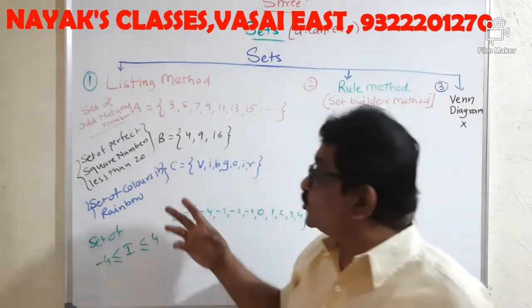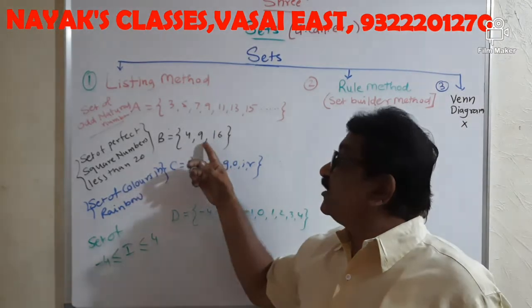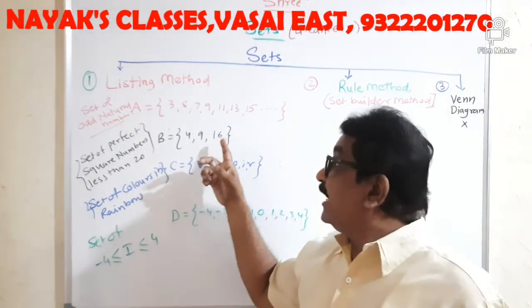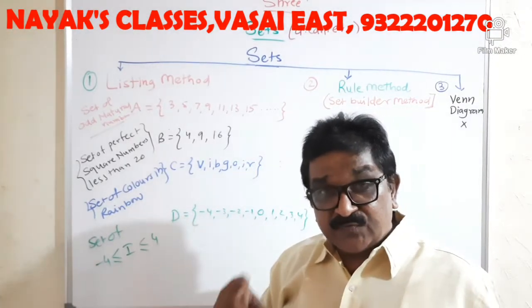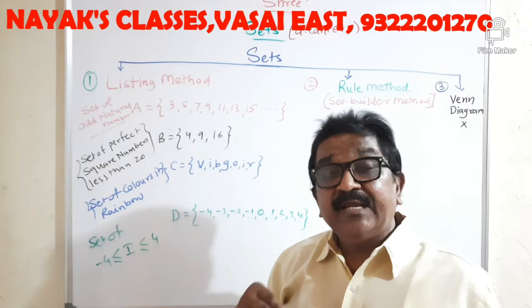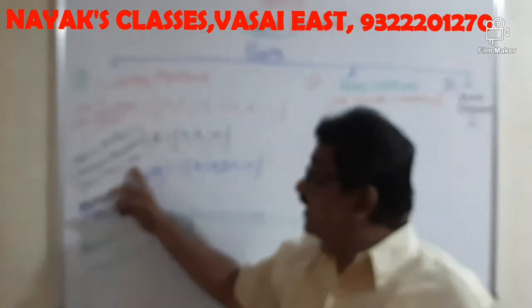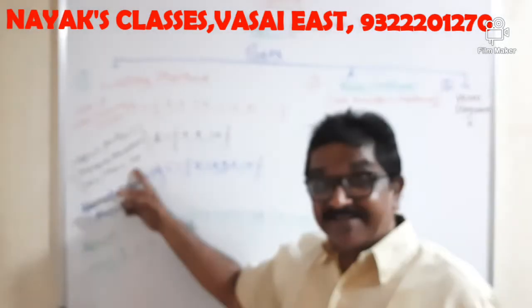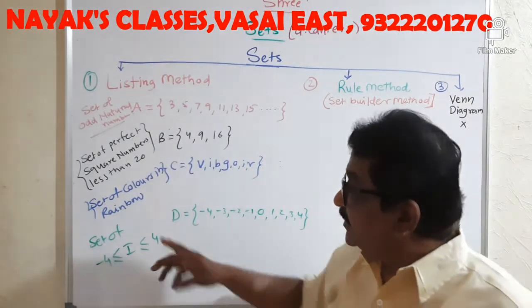Next is 2. 2 square is 4, 3 square is 9, and 4 square is 16. The next is 5. 5 square is 25, but we need less than 20, correct? So 4, 9, 16 we have listed.